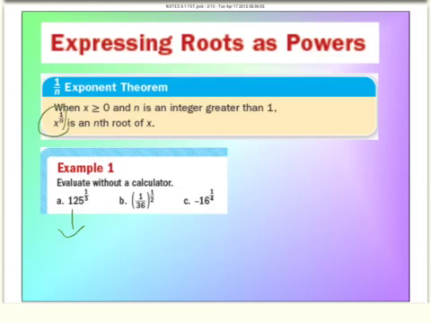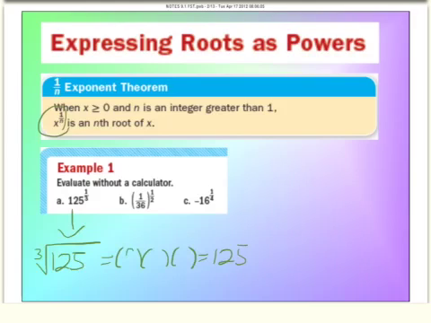What you can do is rewrite that as a radical. This is the cube root of 125, which means, like we did on the previous slide, what number 3 times gives you 125. The number that works would be a 5. So 125 to the 1/3 power is the number 5, and that can be done without a calculator.